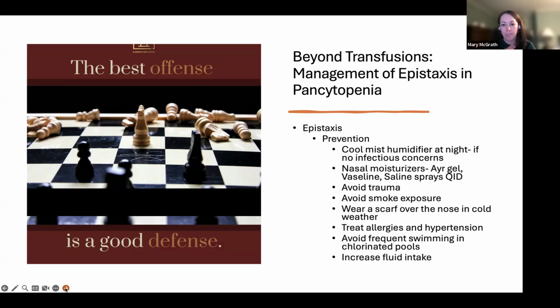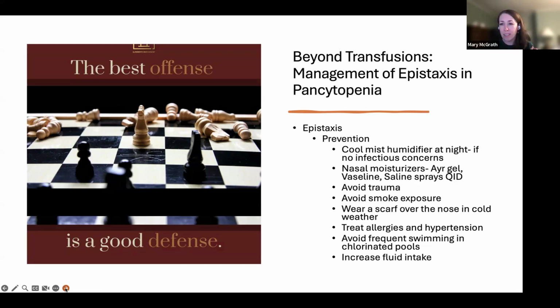So things like Ayr gel, Vaseline, and saline sprays, using those at least 4 times a day to try and prevent nosebleeds. Also avoiding trauma, in particular for younger kids, trying to discourage them from picking their nose can be very beneficial.